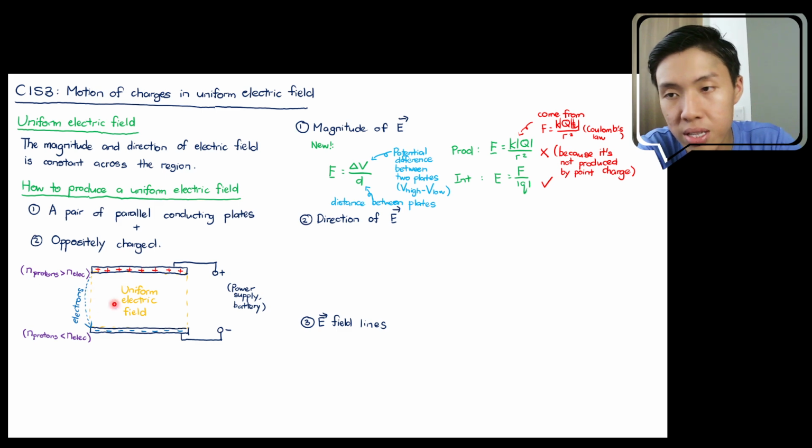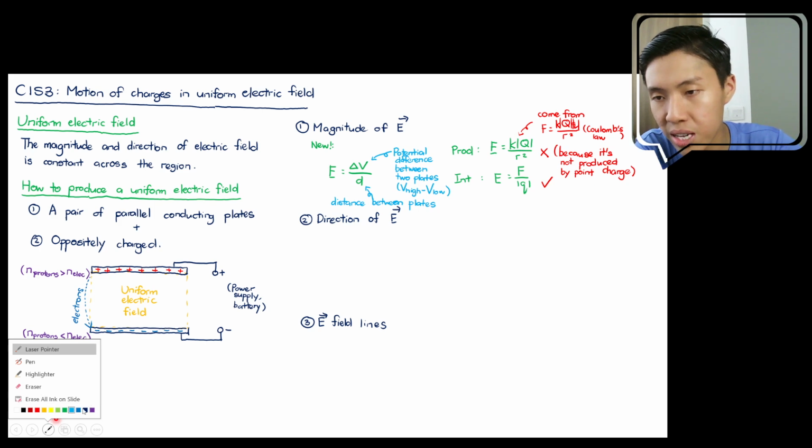Everywhere in this region, if you find the electric field strength, you get the same E. So if you don't take V high minus V low, and choose to take V higher middle minus V lower middle, and divide by the distance between them, you can also find the electric field strength. It's up to you.